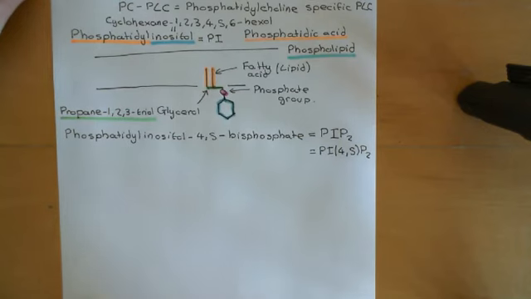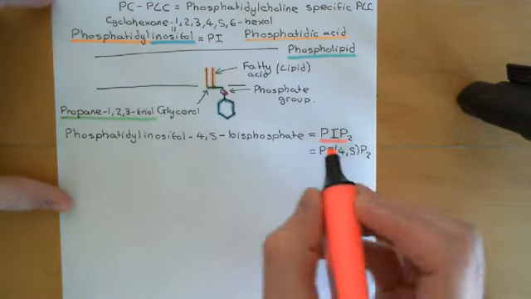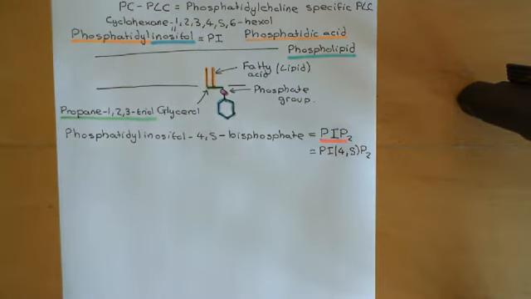Now, however, if you do just see PIP2, you can assume that it means phosphatidylinositol 4,5-bisphosphate. This is the most famous form of phosphatidylinositol with 2 phosphate groups coming off. If you just saw PIP2 without clarification of which alcohol groups the phosphate groups are actually coming off, you would assume that they're coming off 4 and 5.